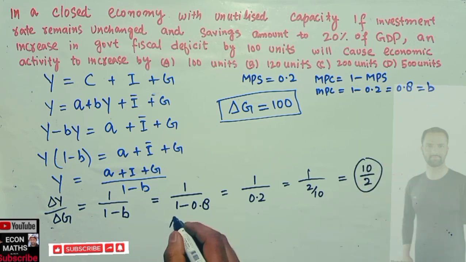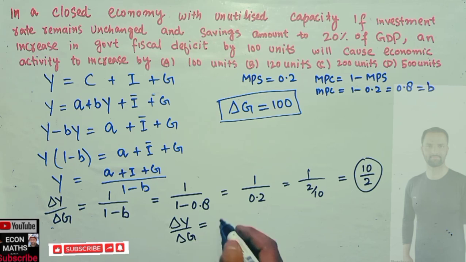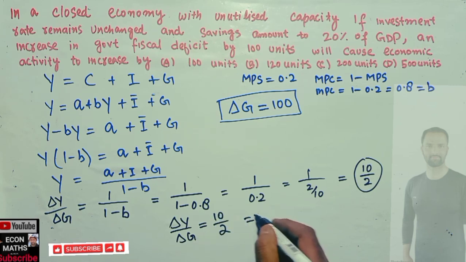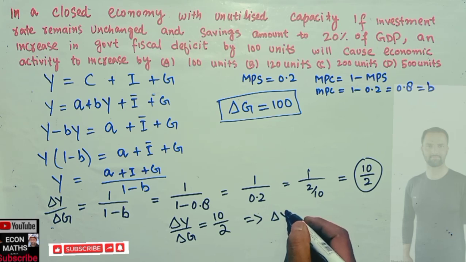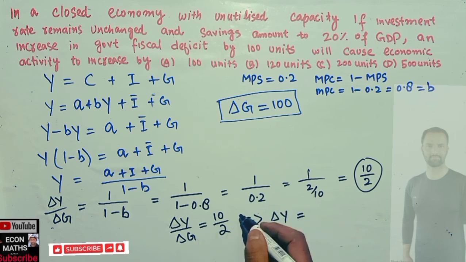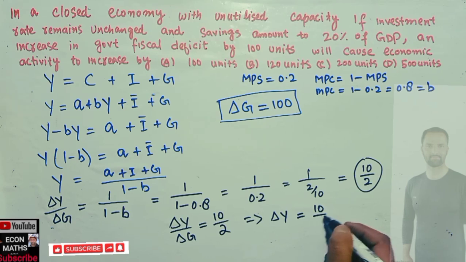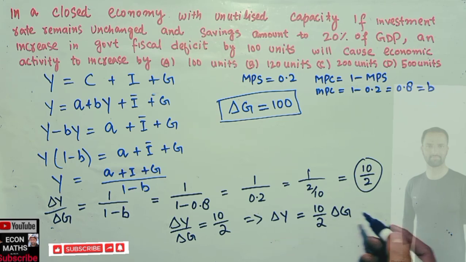That means del Y upon del G, the change in output when government expenditure changes, is equal to 10 upon 2. Now what is our change in economic activity, del Y? If we transpose this term, it will be 10 upon 2 into del G. What is the value of change in government expenditure? It is given as 100, which implies we have 10 upon 2 into 100.